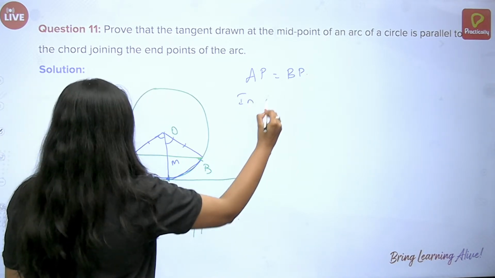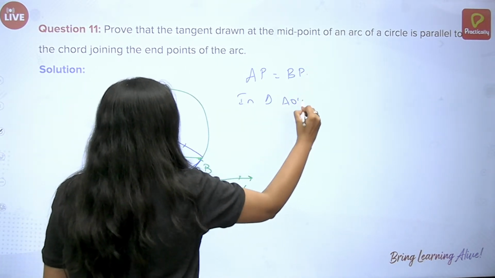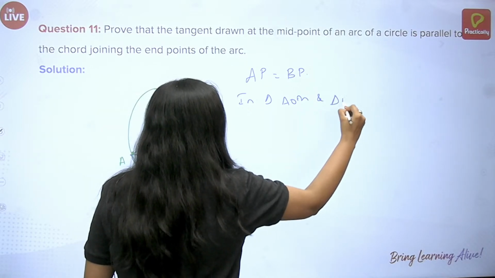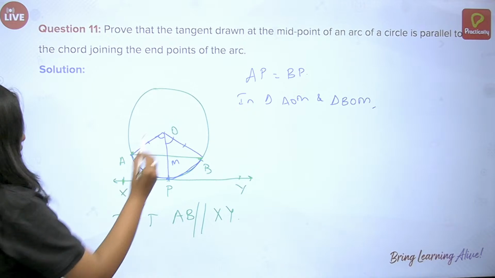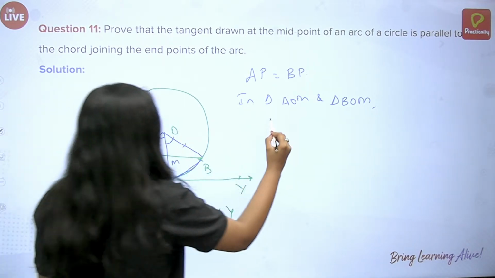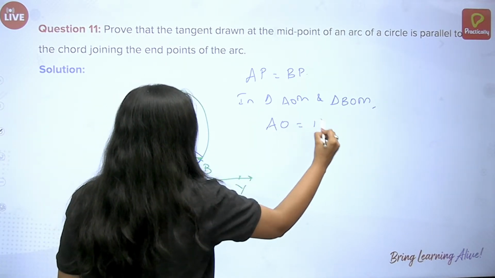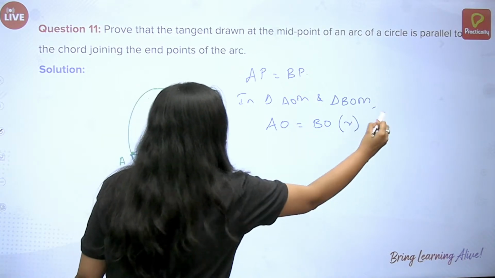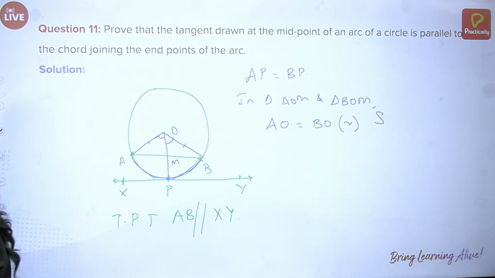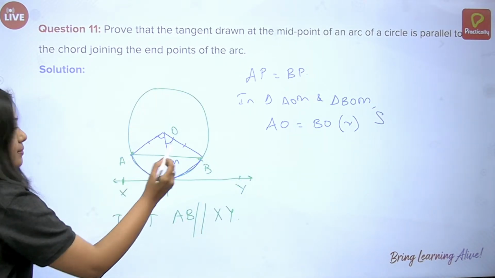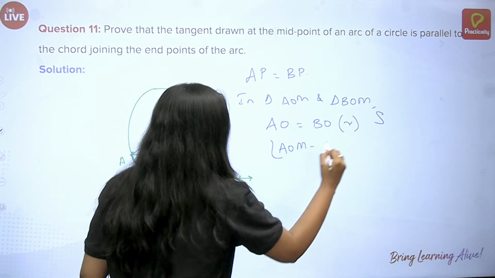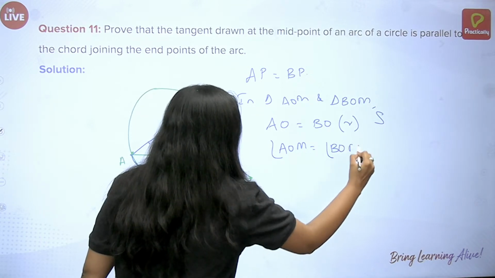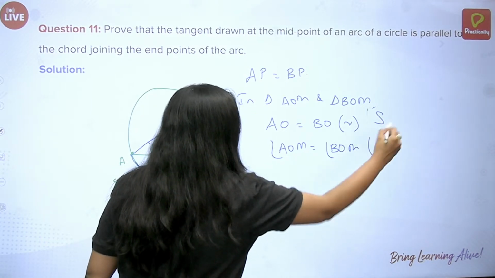So, in triangle AOM and triangle BOM, okay? Now, first AO equals BO, radius and also side. Right? Next, angle AOM is equal to angle BOM. That is angle, side, angle.